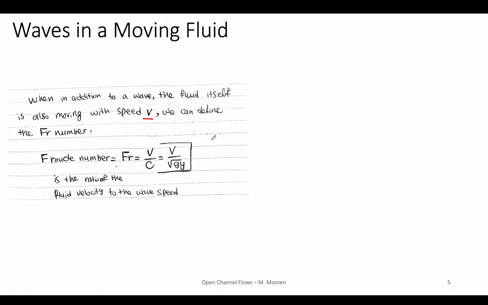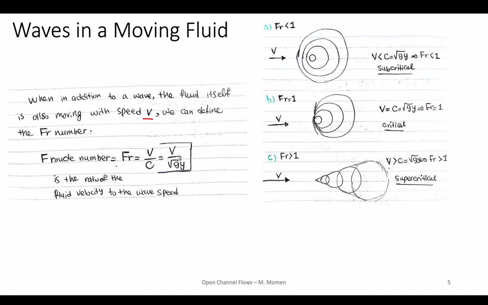Okay, so now based on the value of the Froude number, we can define three important regimes in a hydraulic system. If your Froude number is less than 1, which means the velocity of the fluid is smaller than the wave speed, which is the square root of gy, then we are in what we call a subcritical regime.